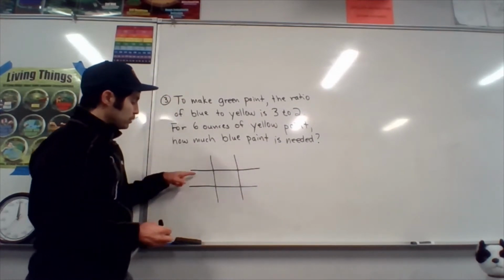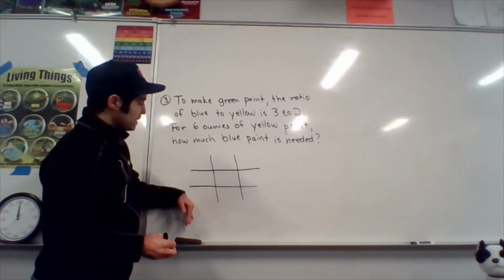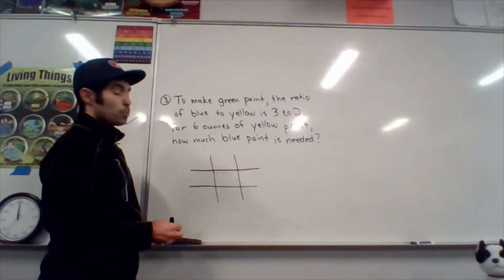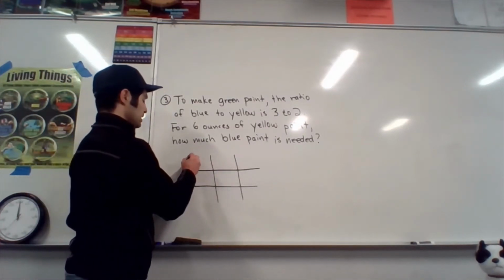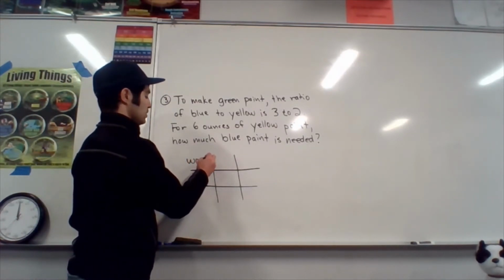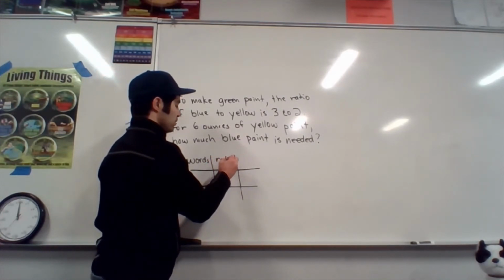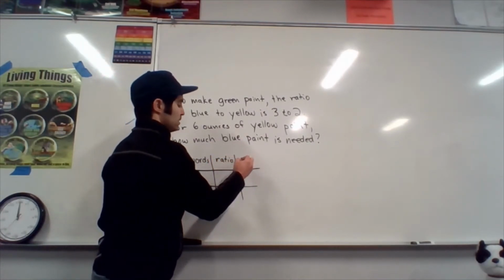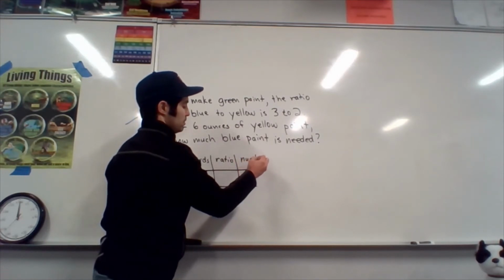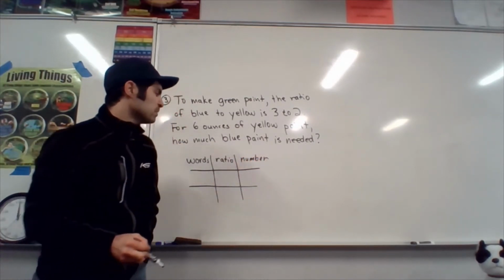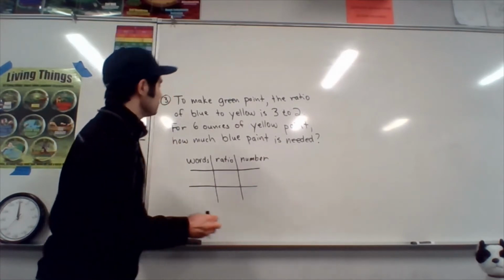Okay, the first column right here is going to be your word ratio. So we're going to write words. Next one is your ratio, and this one right here is going to be your number. Okay, I'll call it your actual count.